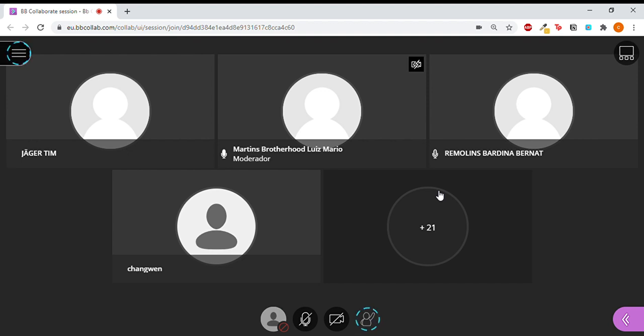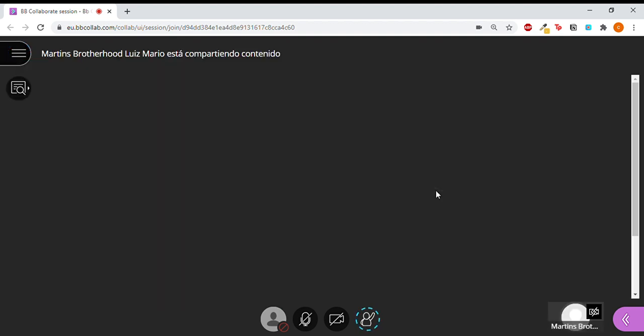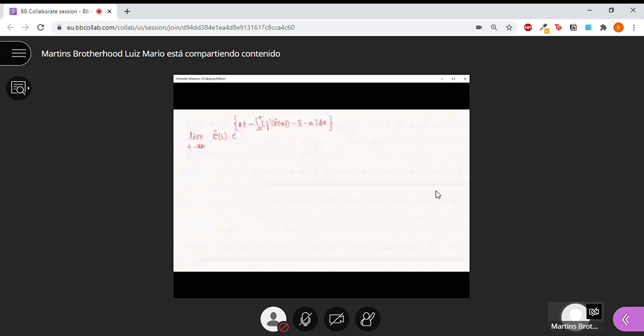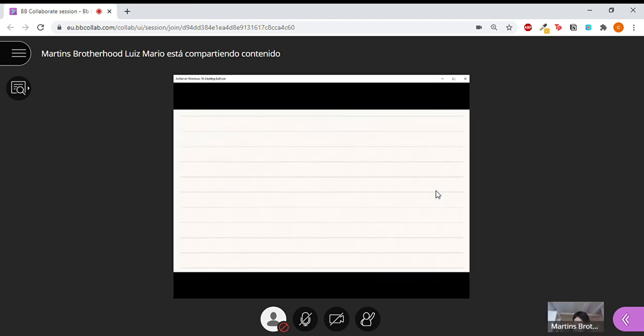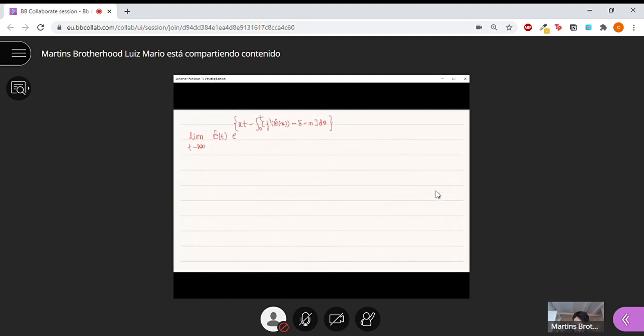Okay, that's what's inside the exponential. Let me just check. Yes, f prime of k hat minus delta minus n, f of k hat minus delta minus n, and then xt. And the thing is the following, right?